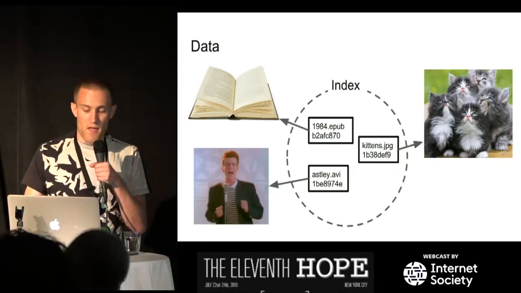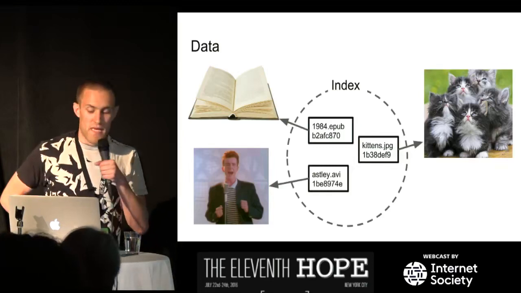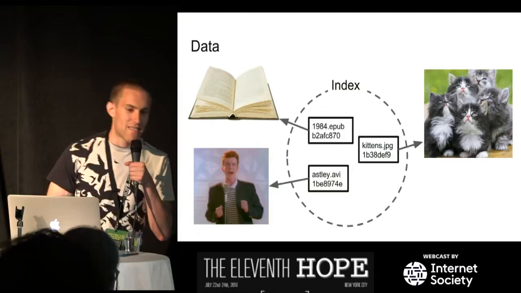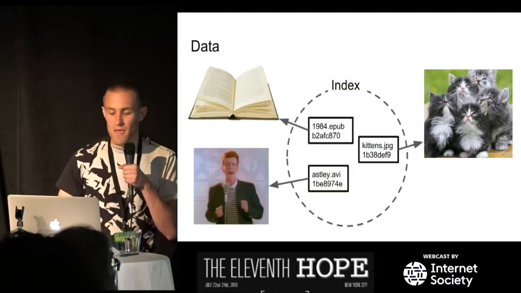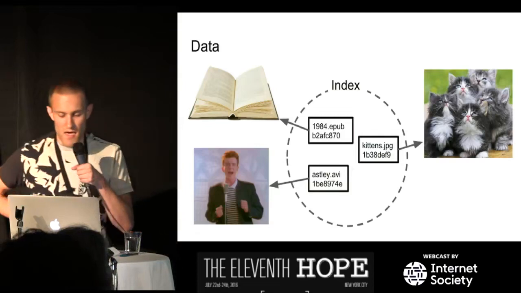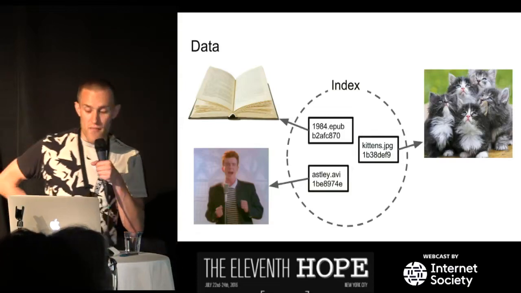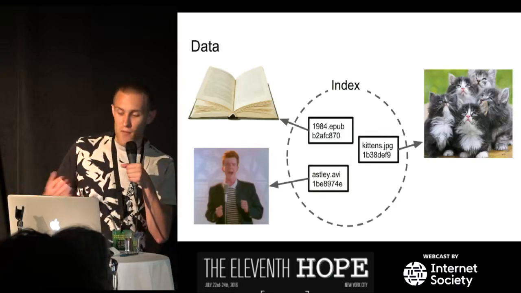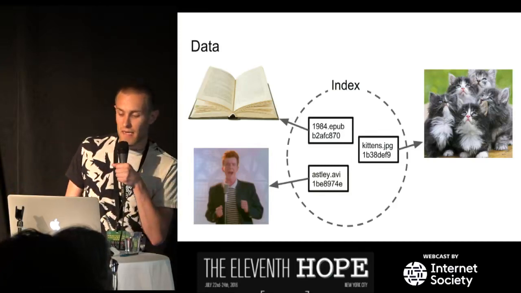So owners of the system will be able to make contributions to the index. And the index is more or less the new and interesting thing that I'm doing. So you can think of the Pirate Bay as a centralized index of files, and I want to make a decentralized index.